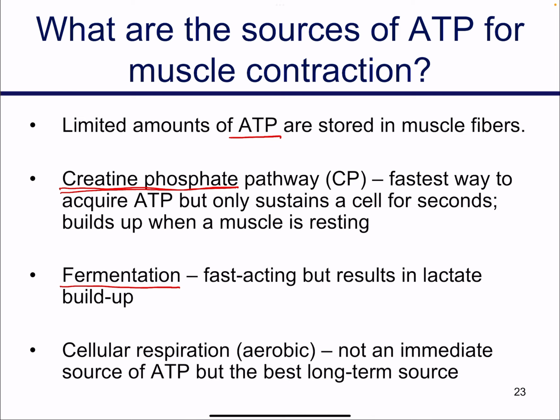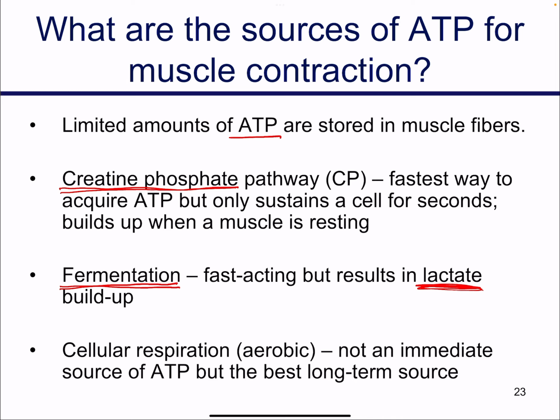Okay, so that fermentation, which is a partial breakdown of sugar, is going to produce ATP on a regular basis. But the downside is that you're going to have a buildup of lactic acid or lactate. Okay, that is a problem.